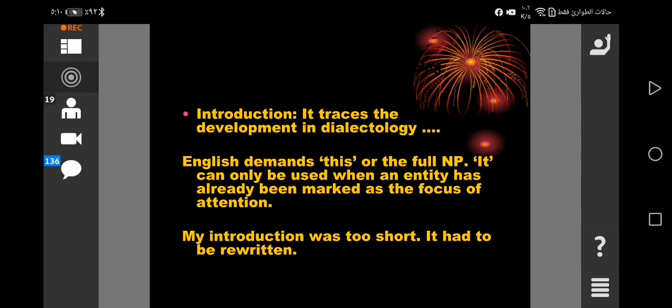A novice writer might write: Introduction. It traces the development of dialectology. How do you see the relationship between introduction and it?